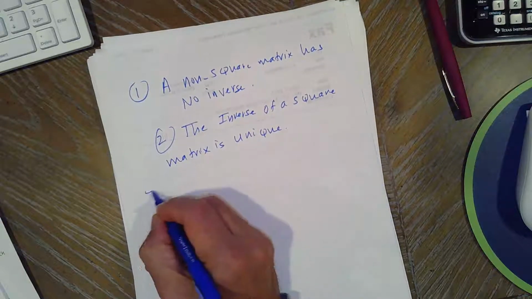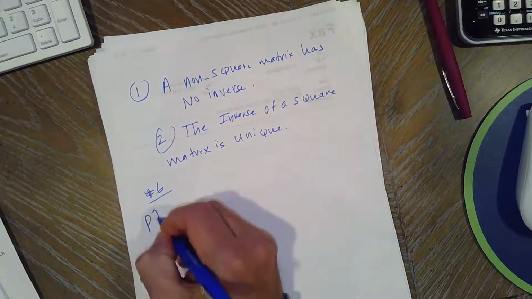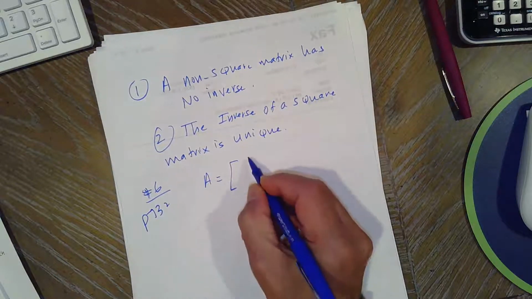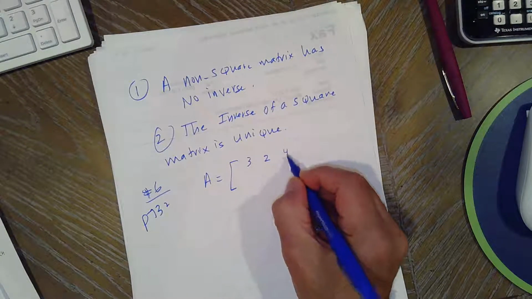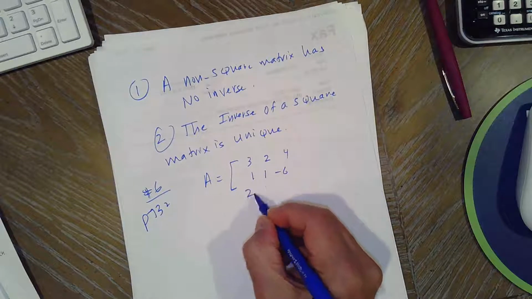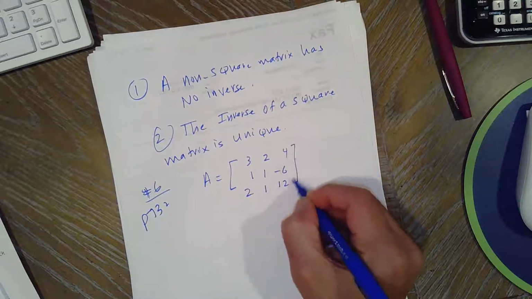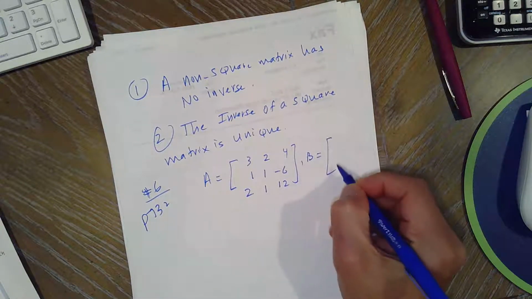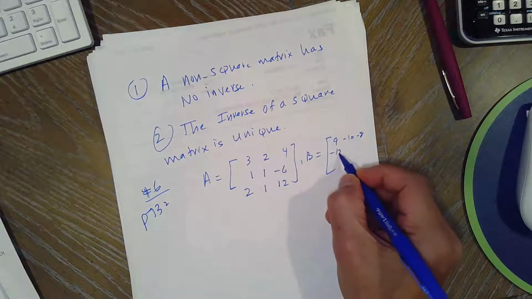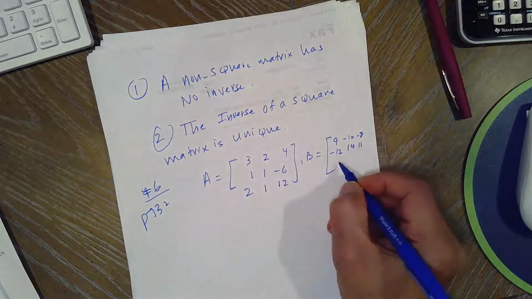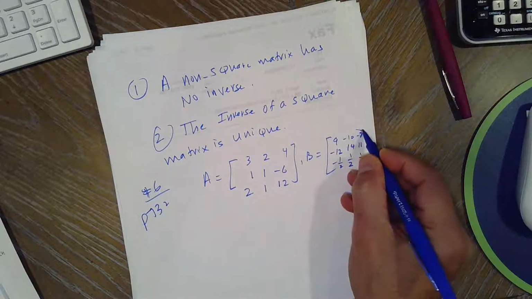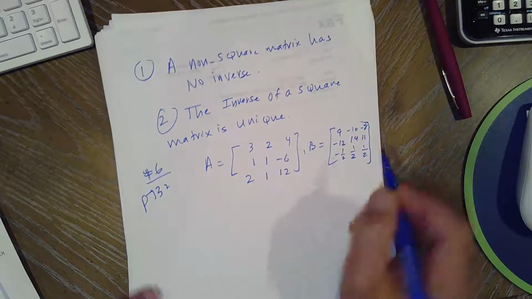Okay, so number 6, page 732. They want us to check that these two matrices are inverses of each other. Matrix A is 3, 4, 2, 1, negative 1, 1, 2, 1, 2. Matrix B is 9, negative 10, negative 8, negative 12, 14, 11, negative 1 half, 1 half, 1 half.